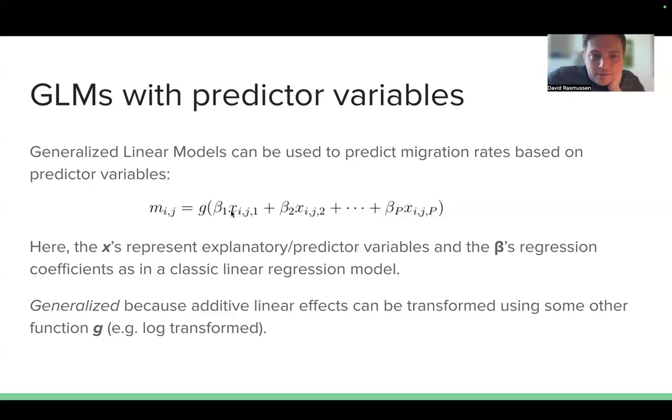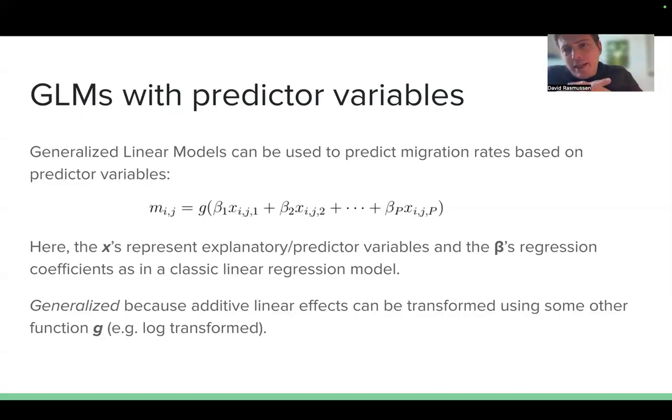So then what we have are a series of explanatory variables here, the x's, and we want to infer the relative importance or predictive power of these different explanatory variables. So we infer the regression coefficients, betas, which tell us how important each one of these covariates is to a given migration rate.